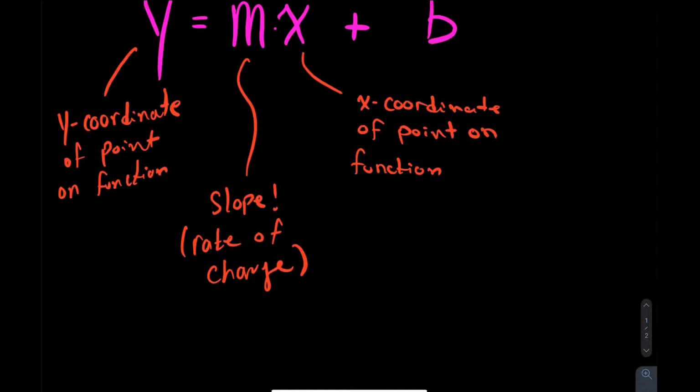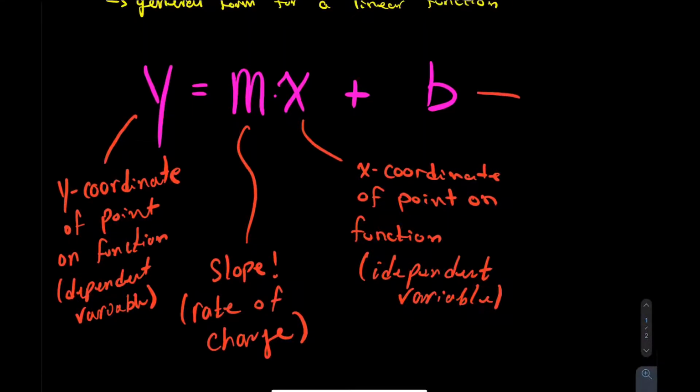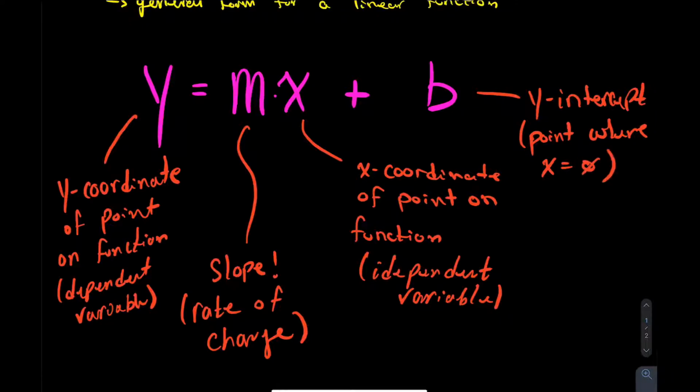Let's also say that y is the dependent variable, and over here x is our independent variable. And then b is going to be a kind of new one. It's called our y-intercept, or the point where x equals 0.